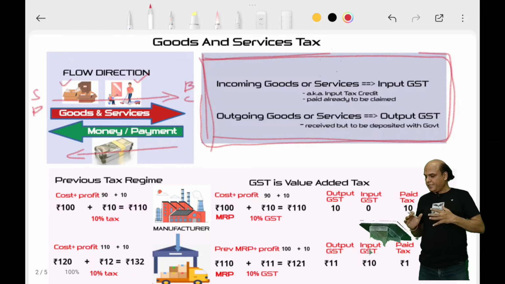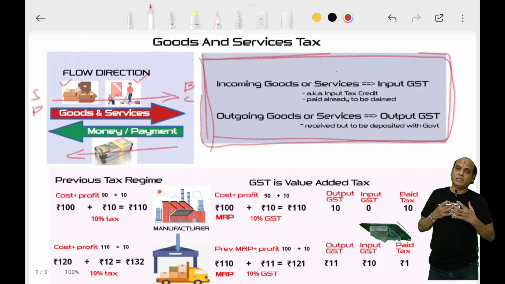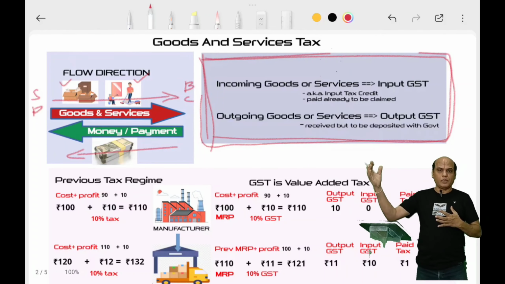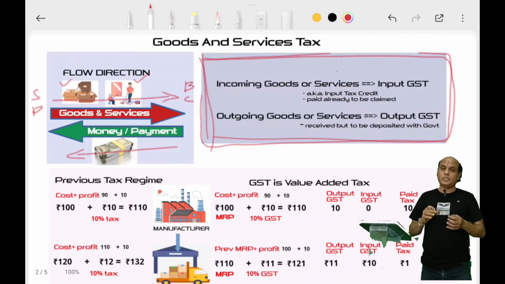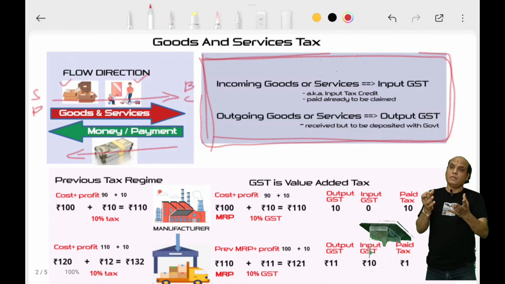Output GST, I have collected tax on behalf of the government and I am supposed to pay to the government in future. Input GST means I have paid tax to the other person and I need to claim that input GST, which is also called input tax credit. I need to set it off with my output GST.